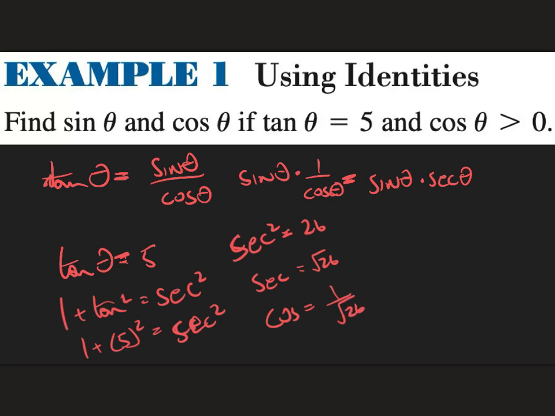Now notice I only took the primary root when I took the square root of both sides above. I took the primary root, the positive one, because it says the cosine is greater than 0. So that's our cosine. This is 1 over root 26.